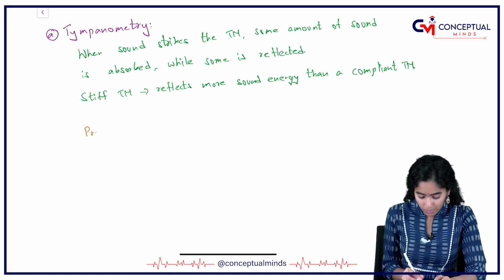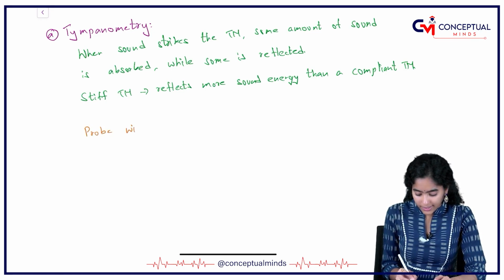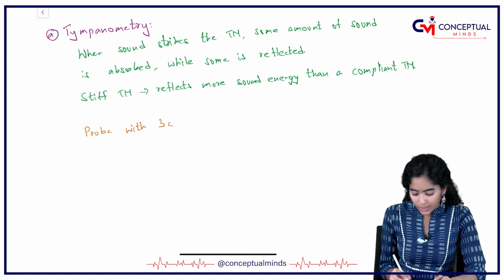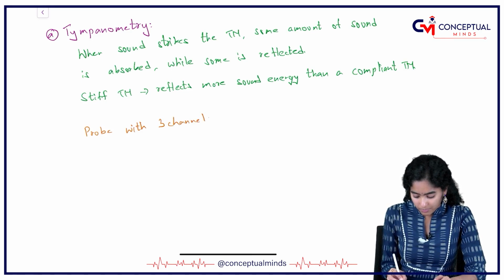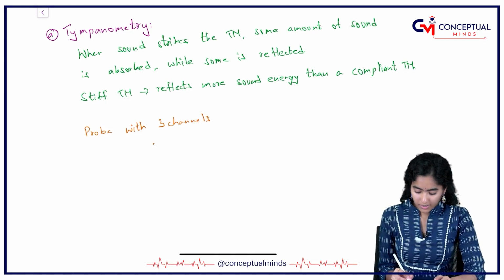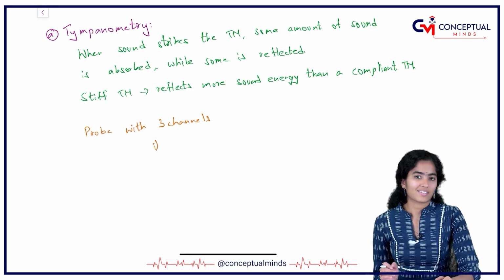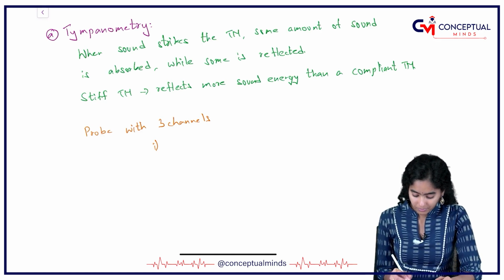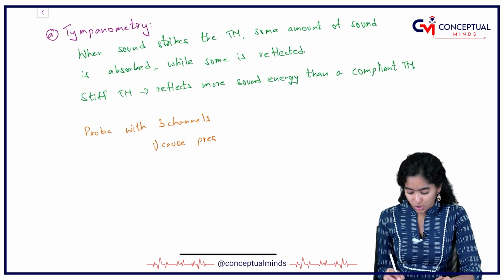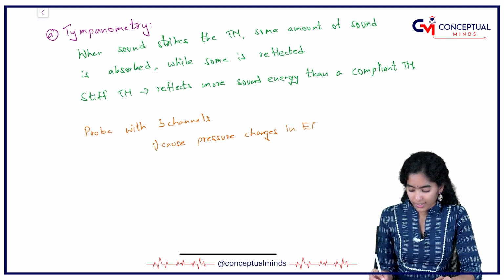Why do you need 3 channels? One channel is to bring about pressure changes in the external auditory canal.